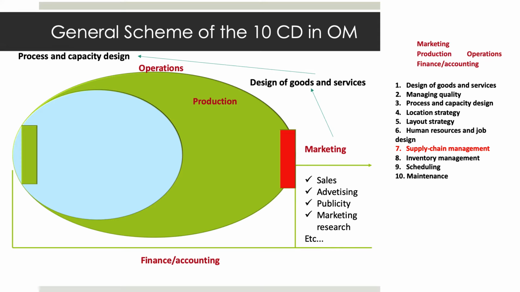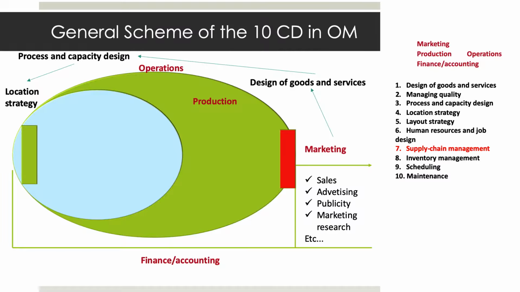Okay. Then we continue with the cycle. After I have this design of goods and services, I design a process and a capacity design to use in the production area. Then we have the location strategy, where I'm going to put my facility.